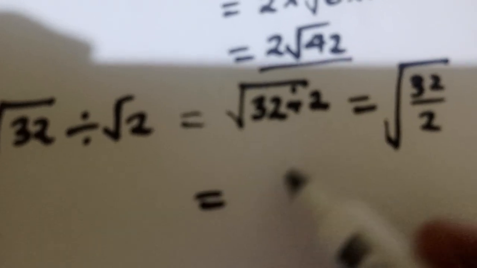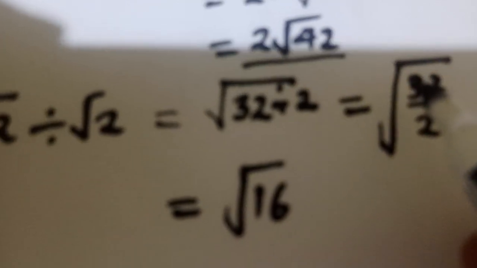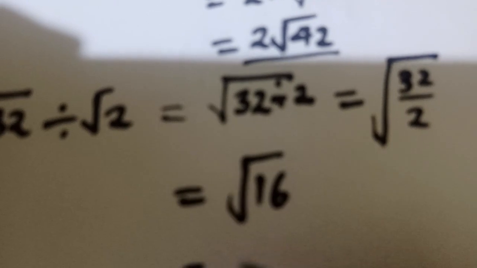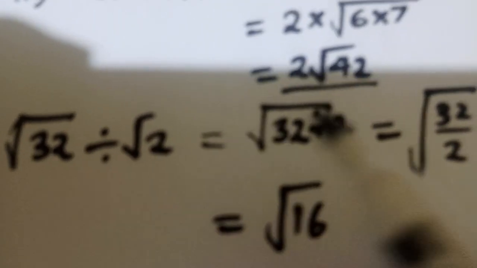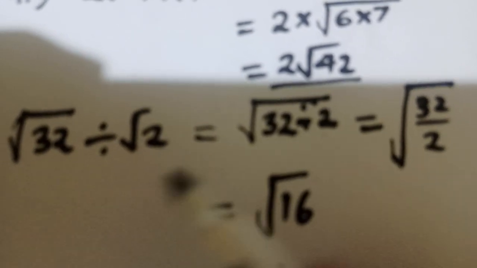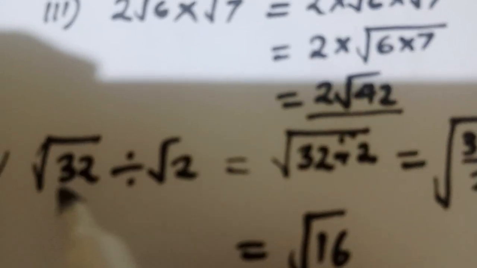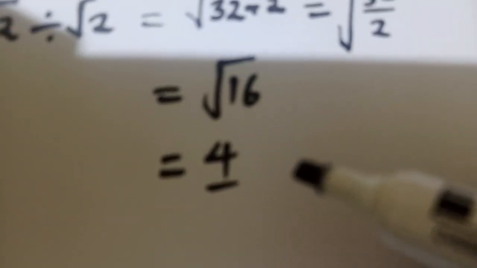Now this becomes root of 16, because 32 divided by 2 is 16, and this gives you 4. Again, simply write the root sign and then the numbers that are under the root sign, like in this case 32 and 2, you divide by each other in that order. Okay, like in this case, this becomes our answer.